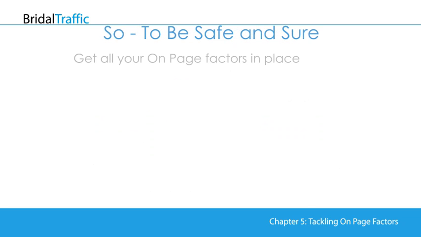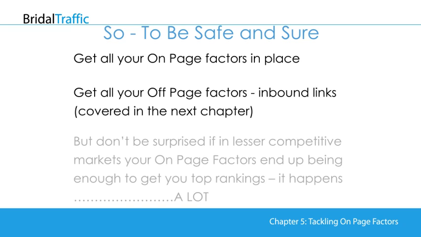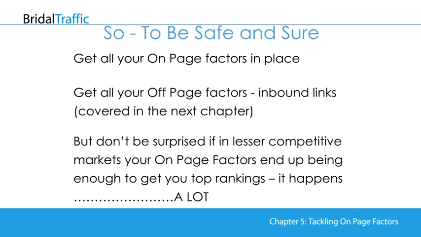And the reason why I mention that is that that's the difference between the 15% and the 50% significance. It represents only 15% for competitive keywords, whereby the links that you're building will be more significant than the on-page factors, whereas with the less competitive keywords, it will represent more like 50% of the significance because it's less competitive and you don't have to rely that heavily on inbound links coming into your page.